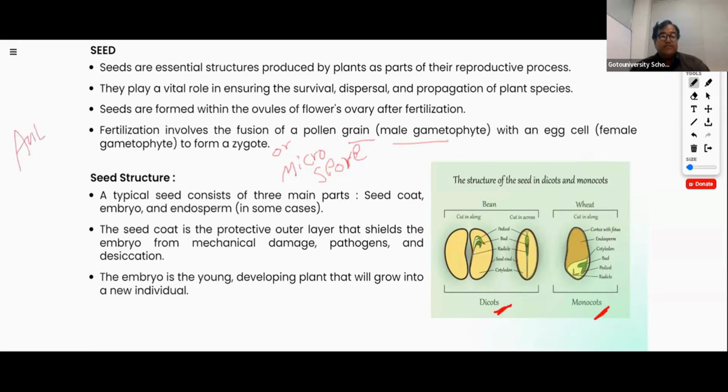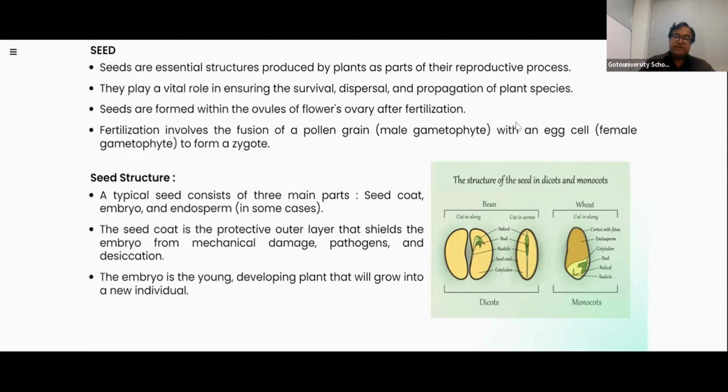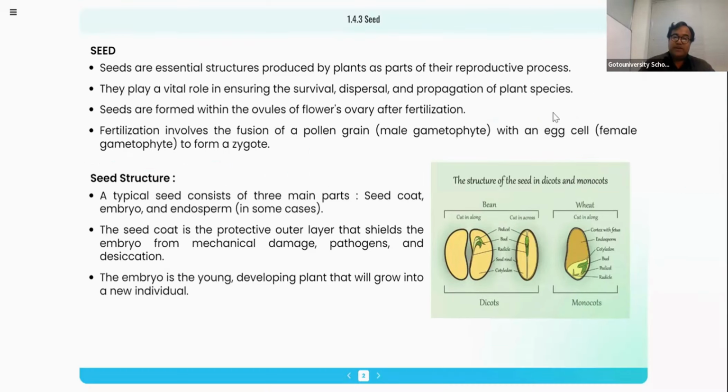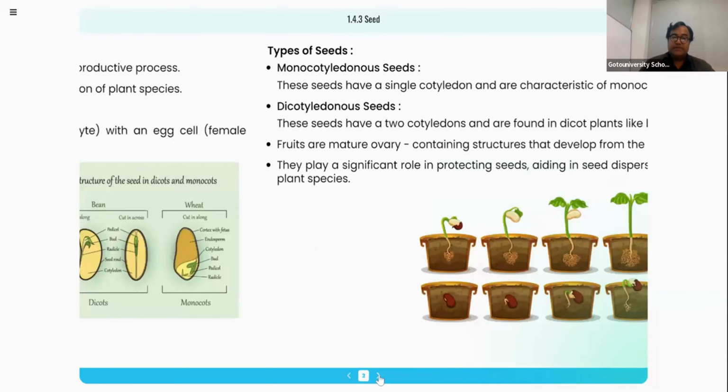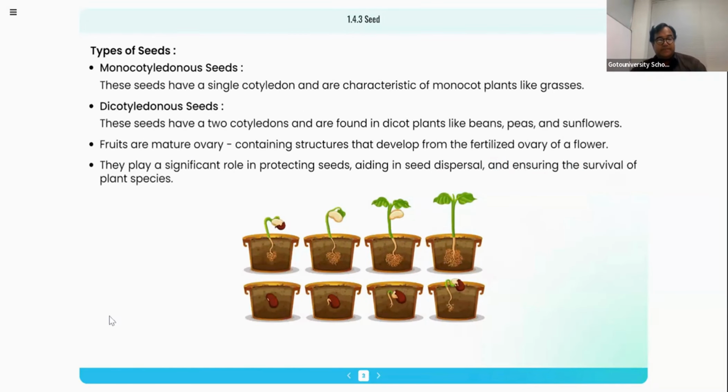So the spore mother cell of the anther is responsible for making the microspore or pollen grain. We should not say this microspore is making the male gamete; the male gamete, on fusion with the egg cell, makes the zygote. That we told in the last biology class in the first session, right? So now, the next important segment, the types of the seed.